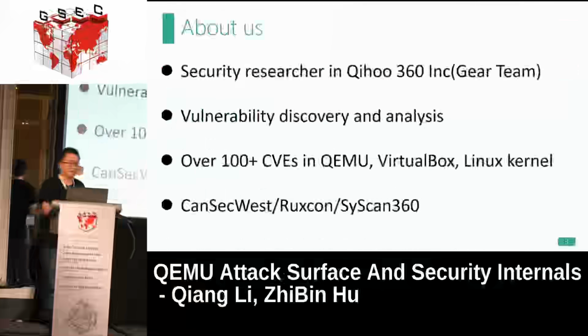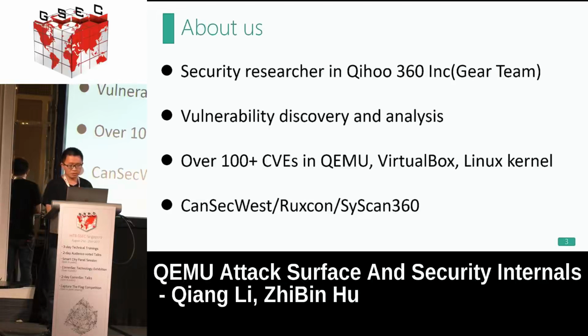We are security researchers, and since last year we have focused on virtualization software. It includes QEMU, VirtualBox, and the Linux kernel, and I have spoken at several conferences, for example, CanSecWest and so on.